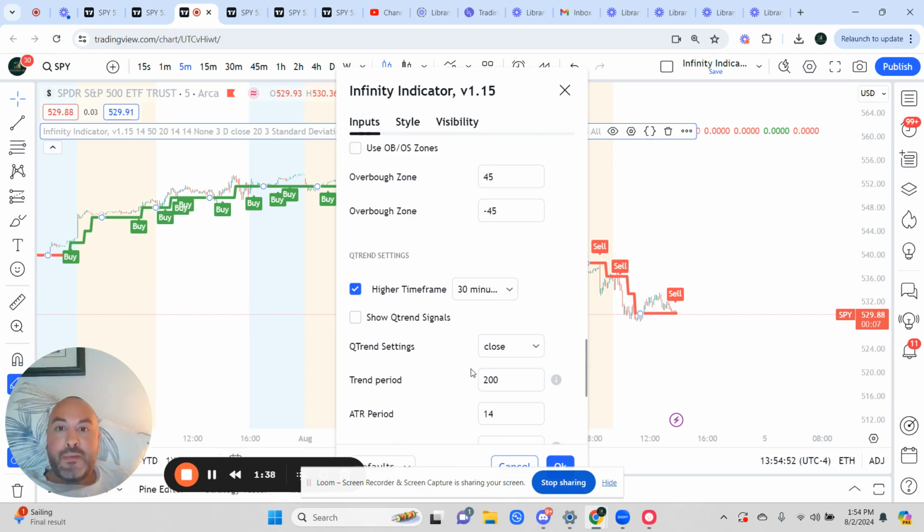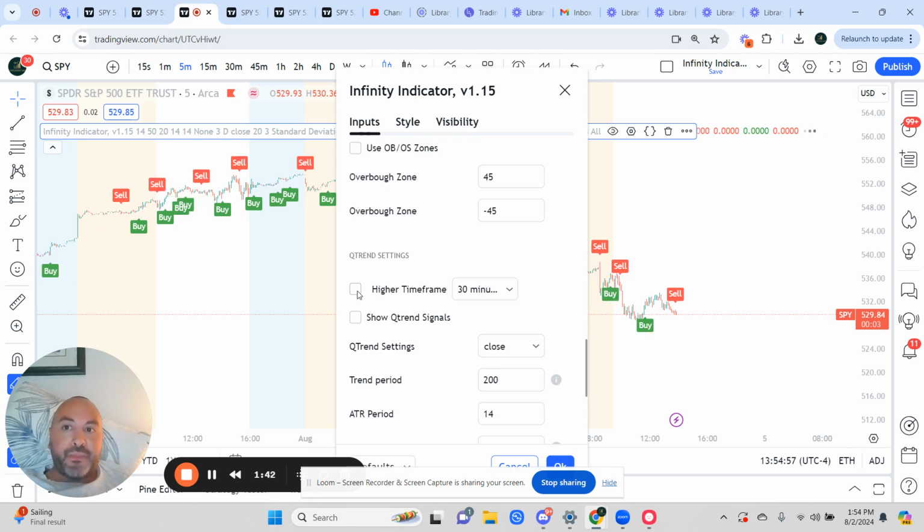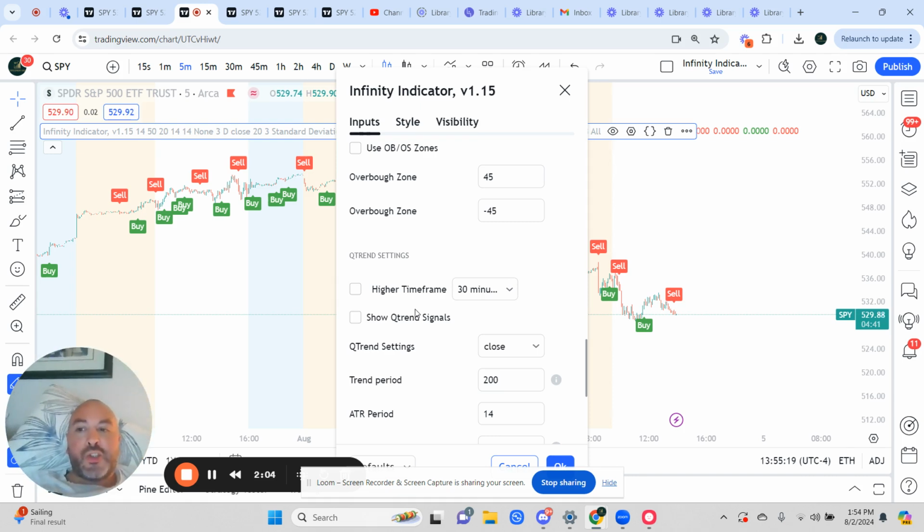When we turn the higher time frame off, when we uncheck this box, it gave us more trades. We won 86 out of 120 trades, that's 71%. That's still good, but for me, I'd rather have the higher win rate, and if you look at these trades, they're not really strong trades.